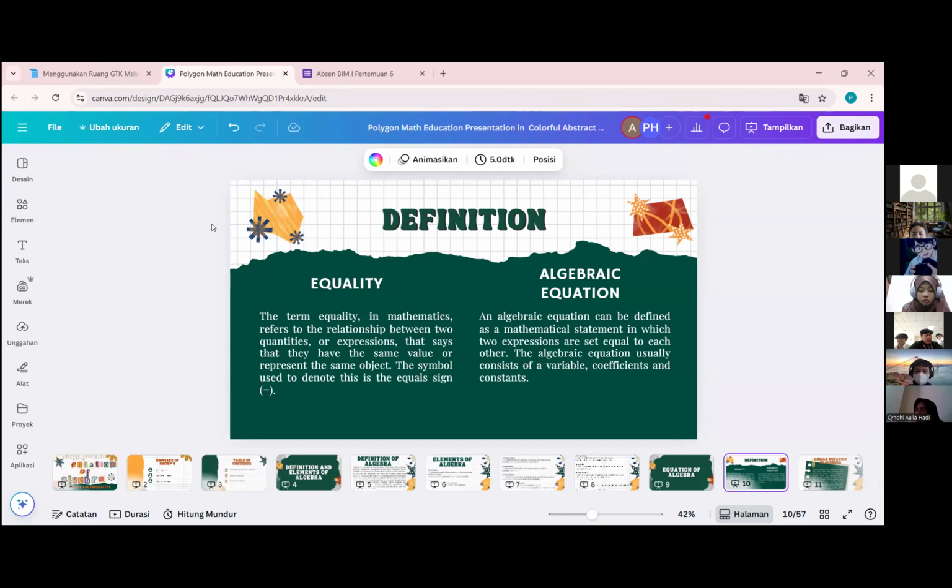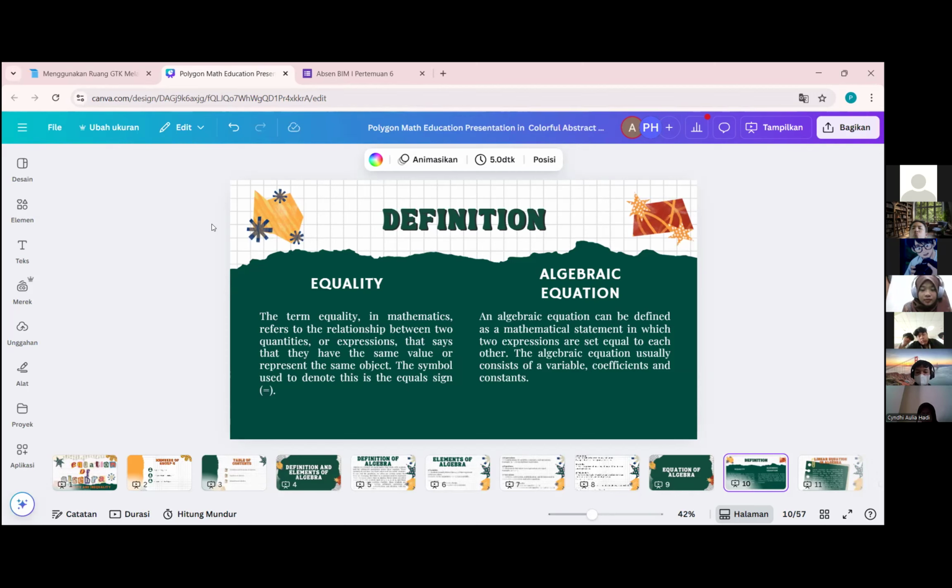Contohnya 5 tambah 7 sama dengan 8 tambah 4. Jadi itu angka aja.